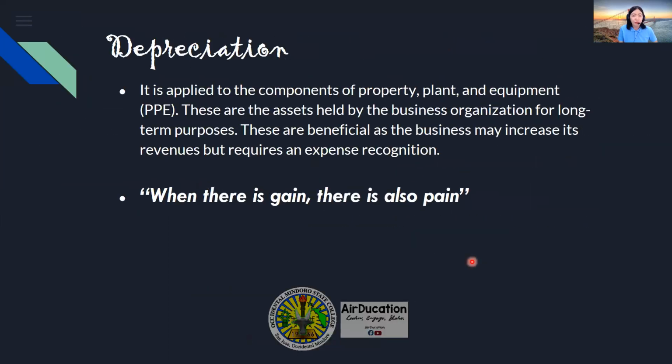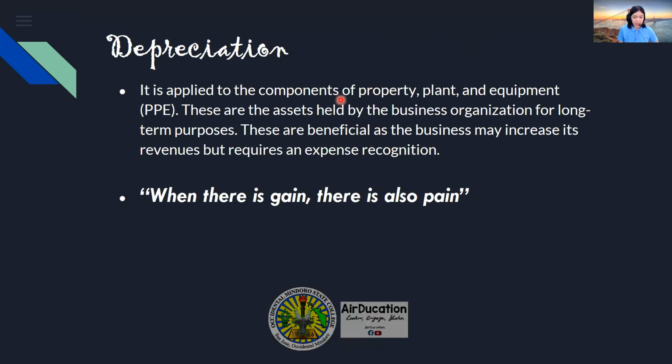All right, now let's proceed to the first account that can be adjusted. Depreciation is applied to the components of property, plant, and equipment. If you remember, I gave you your previous assignment regarding the different PPEs around your home: your equipment, your furniture, your house and lot, and so on.